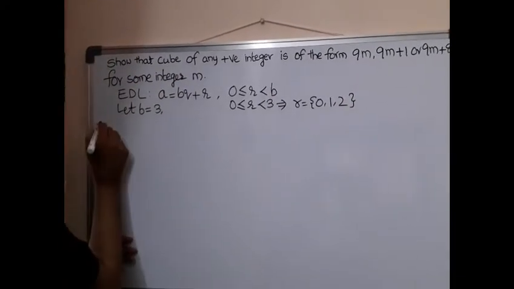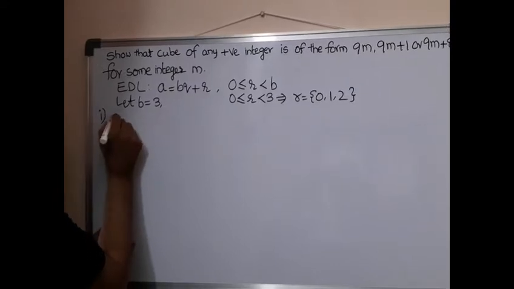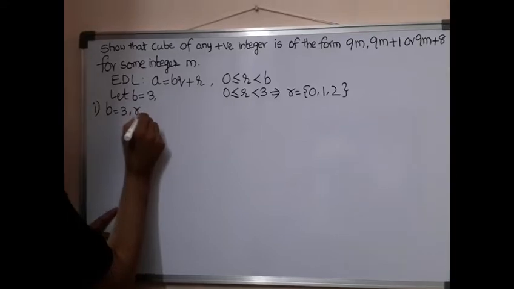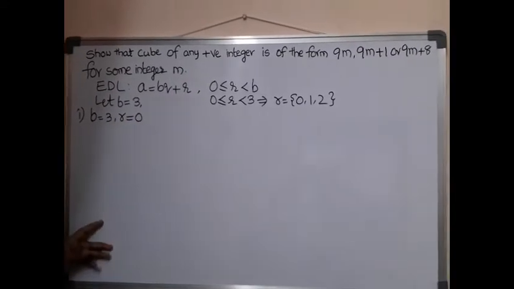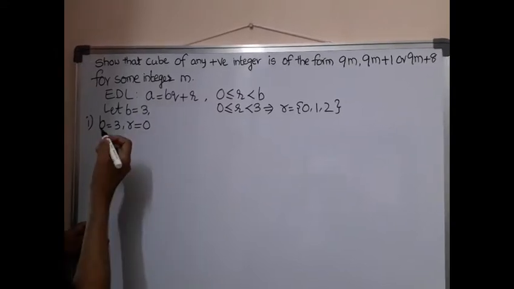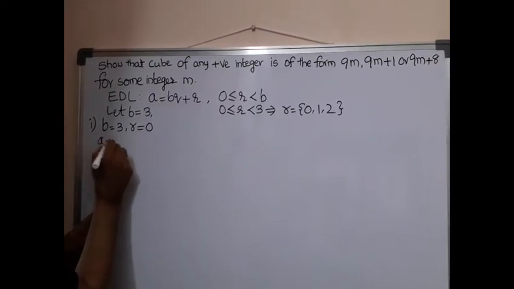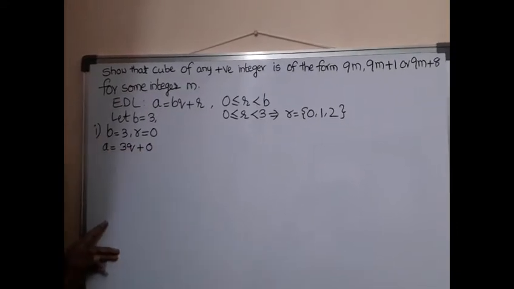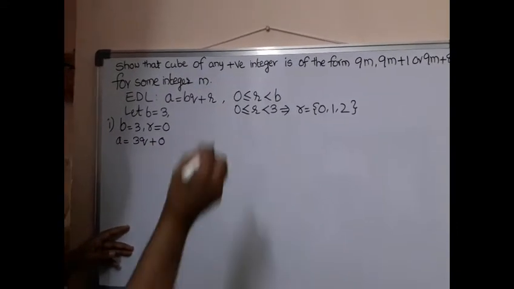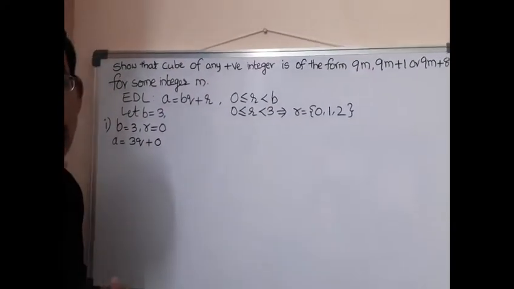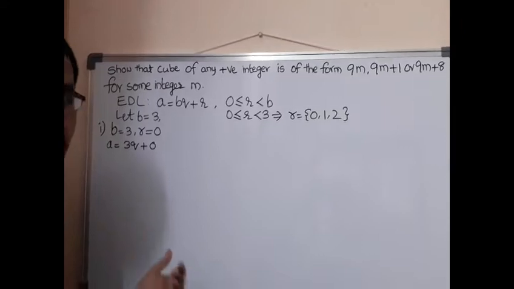Now step 1, I am taking B is equal to 3 and R is equal to 0. Substituting in A is equal to BQ plus R. But we have to prove the cube of any positive integer is of the 9n plus 1 or 9n plus 8 form.